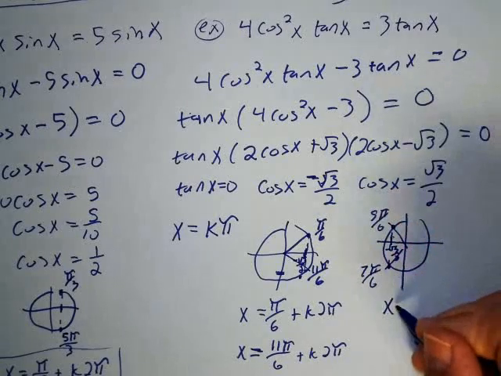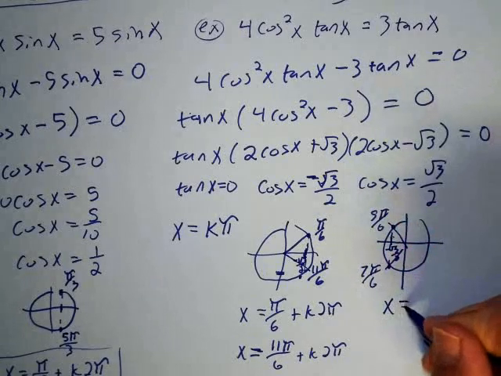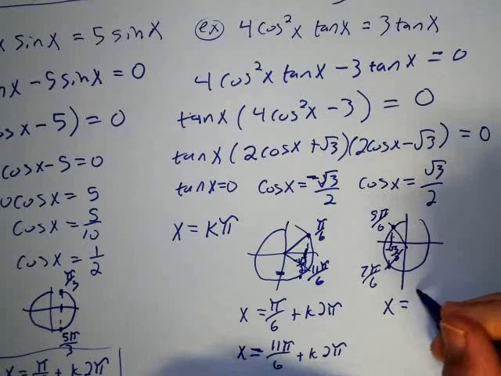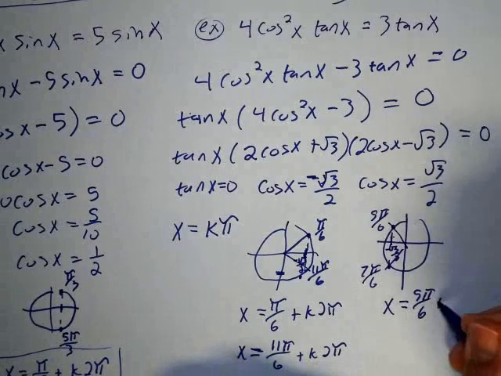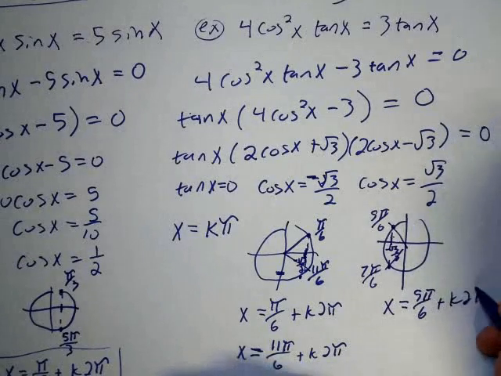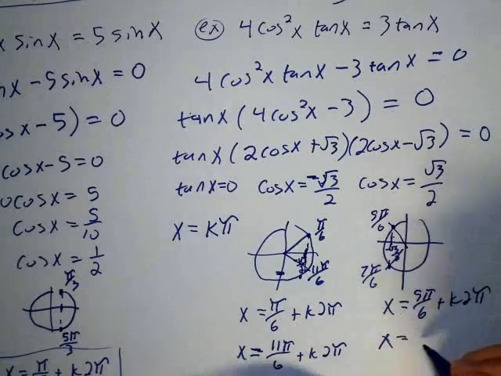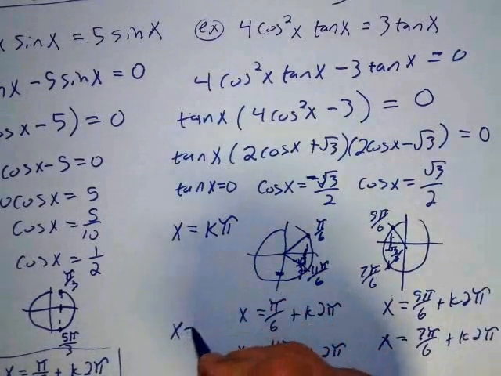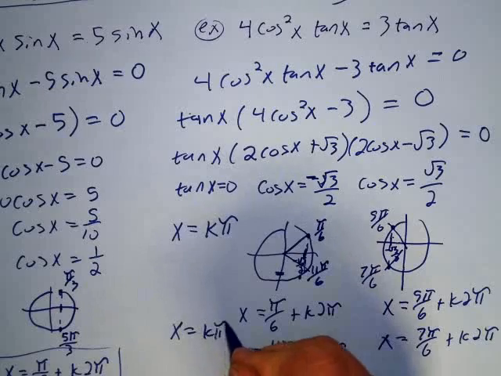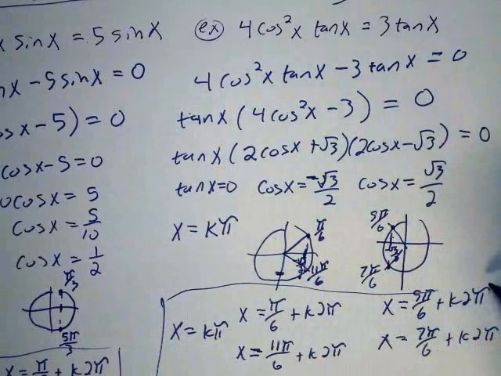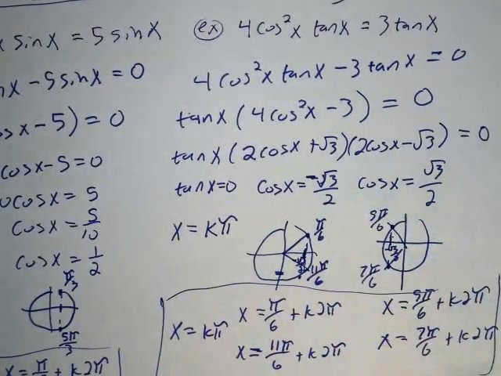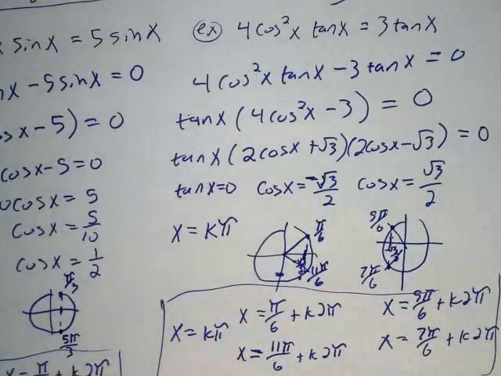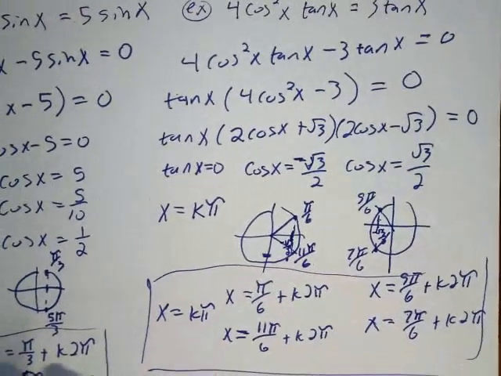So I'd also get the solution x is equal to 5 pi over 6 plus k times 2 pi, and x is equal to 7 pi over 6 plus k times 2 pi. And then I could move that down, x is equal to k pi. And then I could circle all of those. And those are the solutions to the original equation.